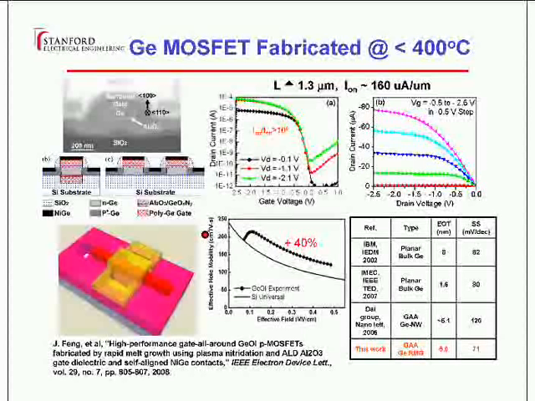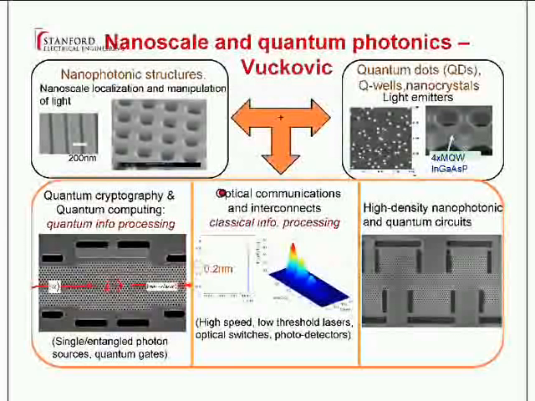So I think it's these types of innovations that will allow us to continue to progress according to Moore's law, but in a different way than we have done in the past. There's another whole area that we haven't even explored, which is to put photons on top of chips. Again, because of the advancements of patterning technology, we're now looking at quantum photonics. You can see that we build quantum dots.